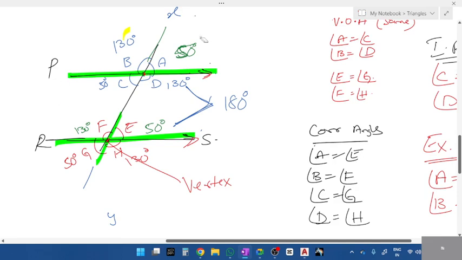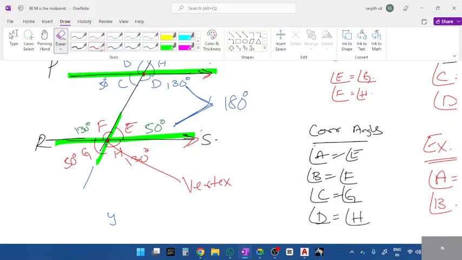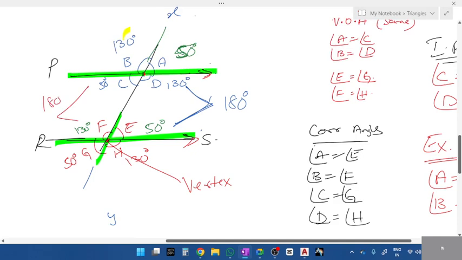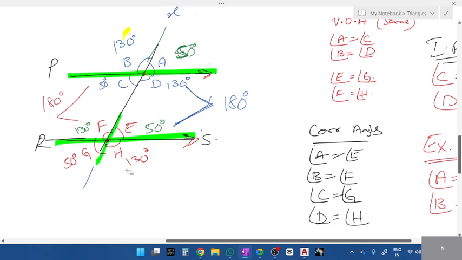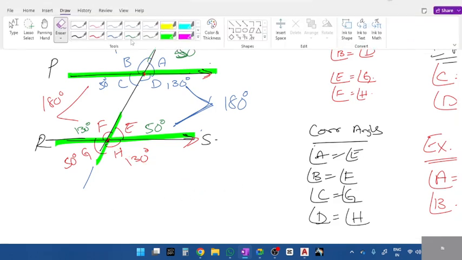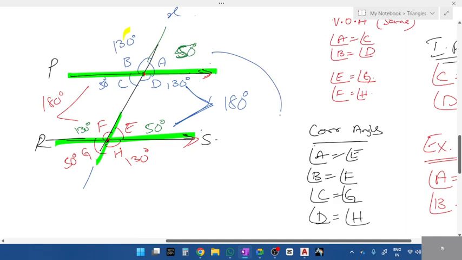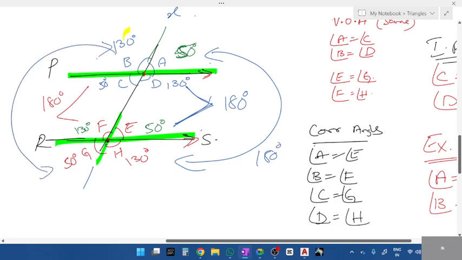Angle C plus angle F, 180, right? What about angle A and H? 180. This side, 180. So the last combination is D and E.